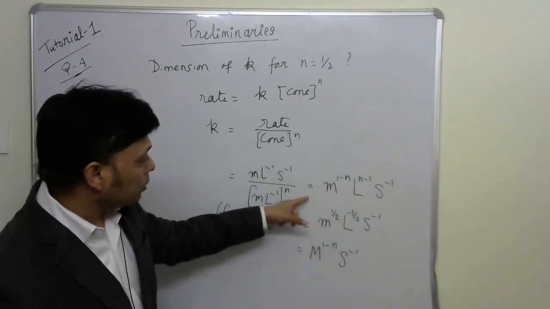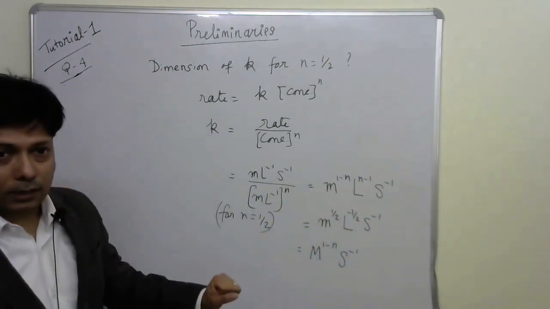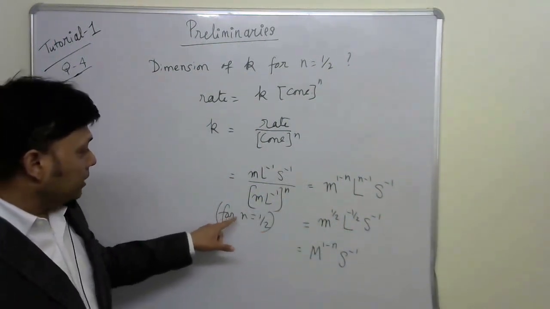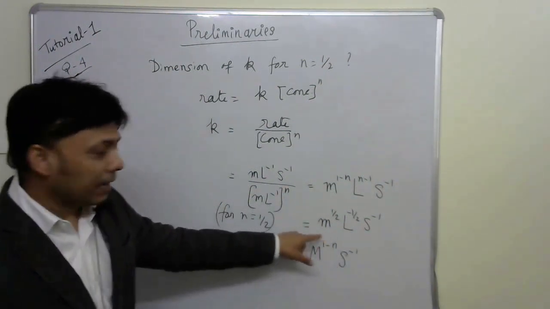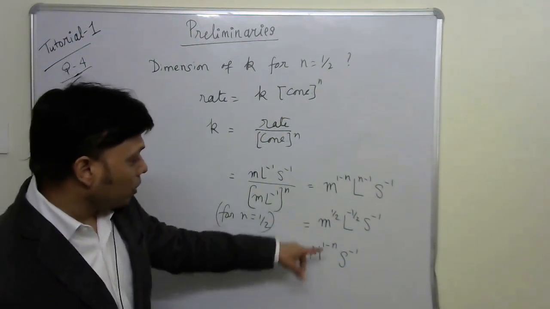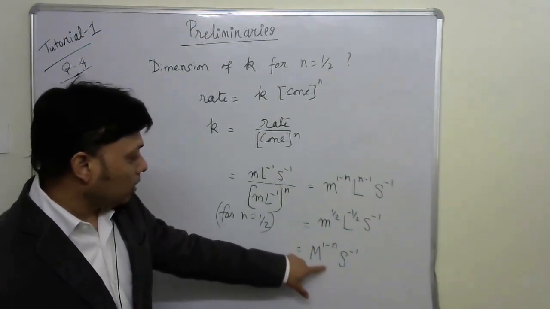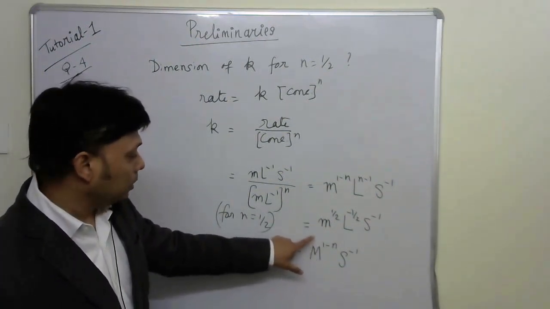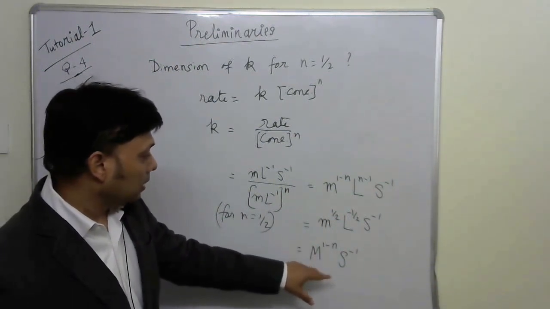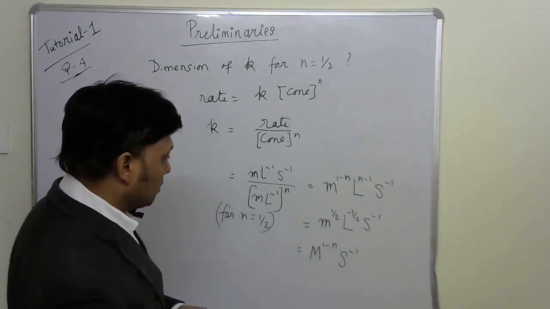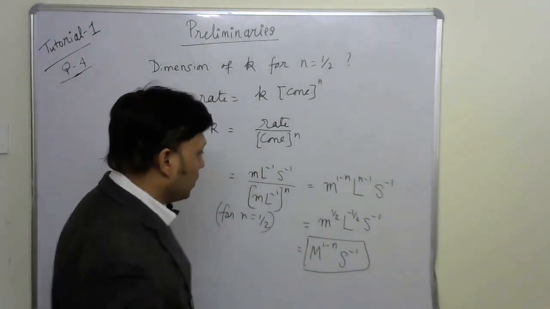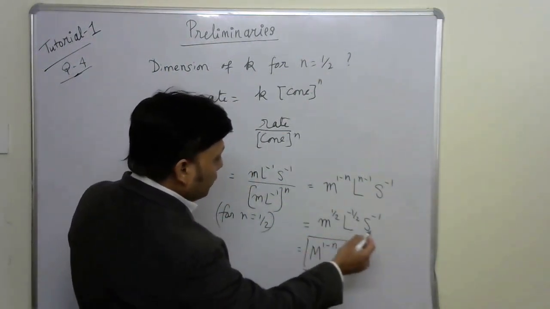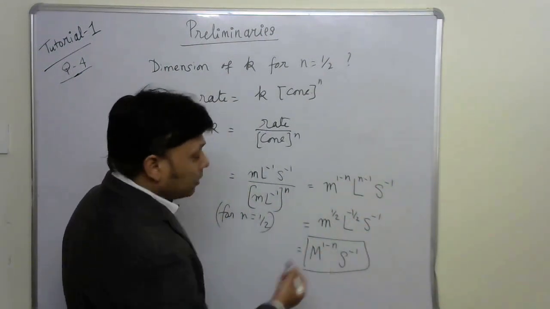Then it comes down to a general expression like this. For n equal to half, we can have this final answer, in terms of molarity, uppercase M to the power 1 minus n, s to the power minus 1. That is the generalized expression, and for n equal to half, this is the particular answer.